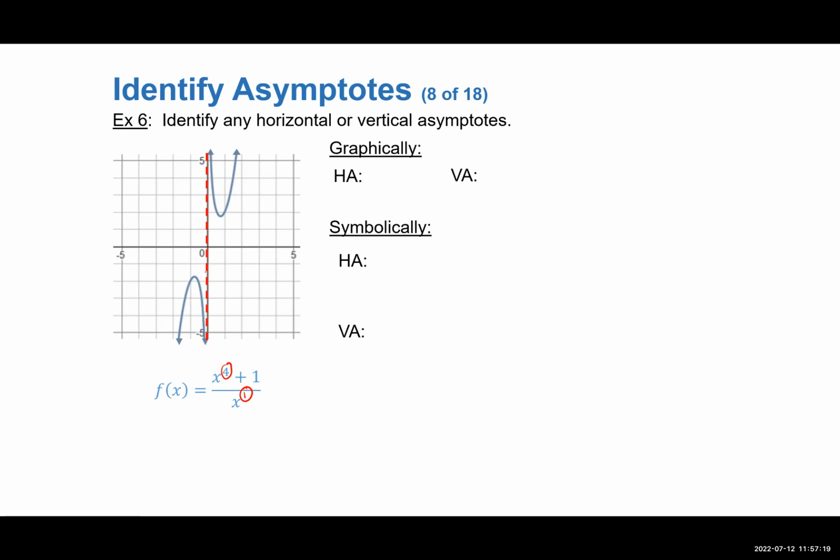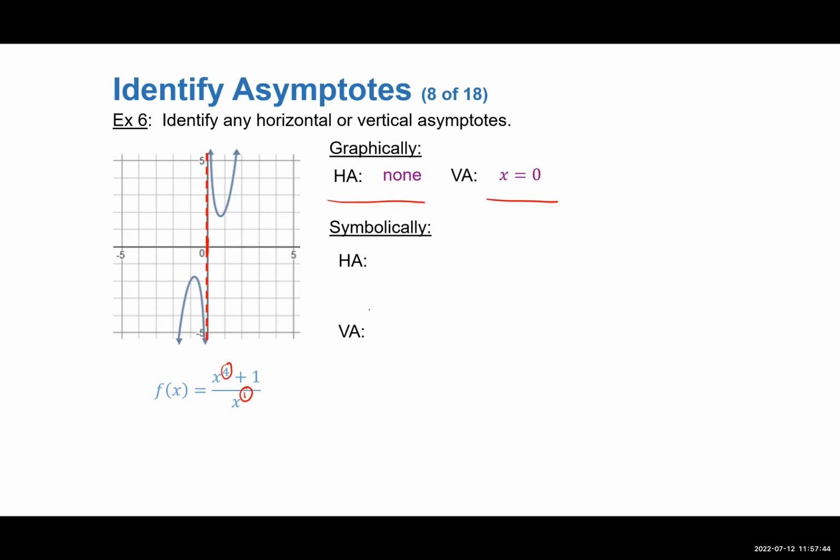We can also see that just graphically. There's no simple line that this function comes close to and then doesn't touch. The vertical asymptote is x equals 0. It will never touch the y-axis, as we can see graphically.